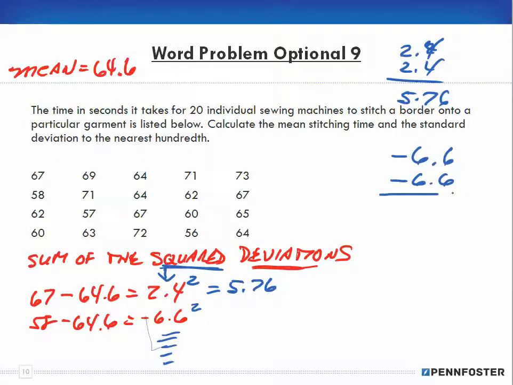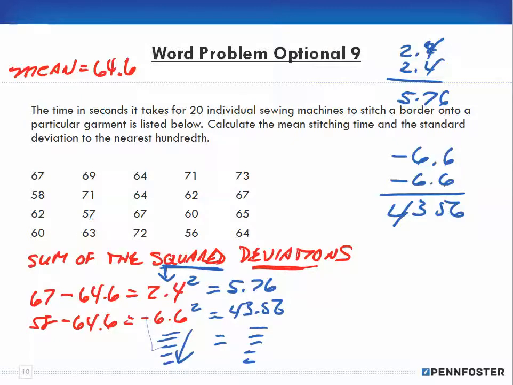A minus 6.6 times a minus 6.6 is 43.56. A minus times a minus gives you a plus. A plus times a plus gives you a plus. So all of your squared deviations here are all going to be positive numbers. And so you end up doing all 20 of those, and you get all of these. Okay.